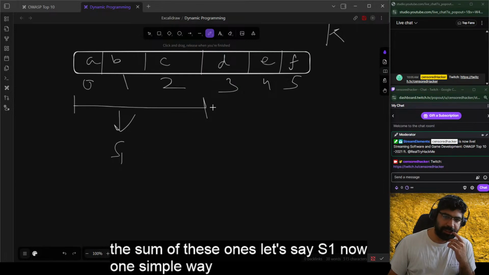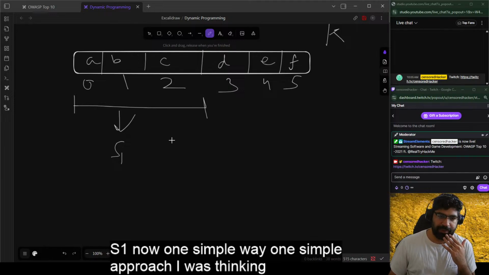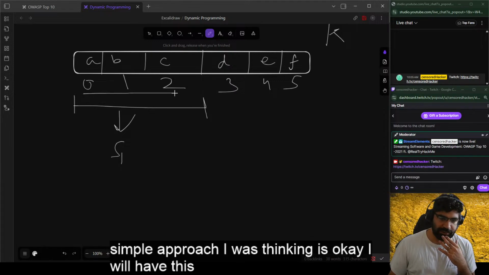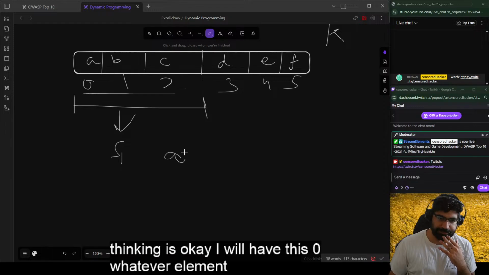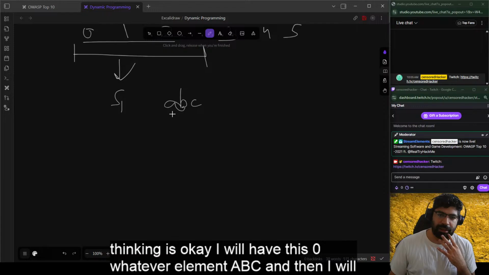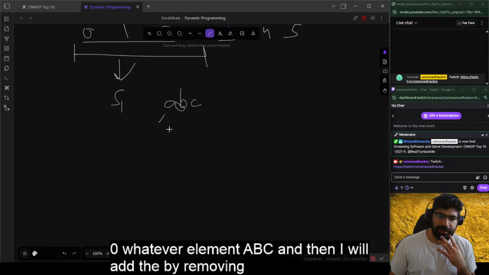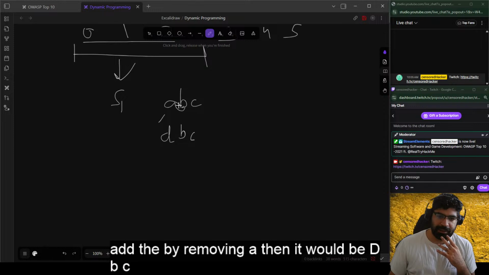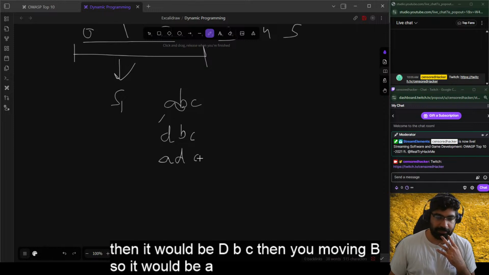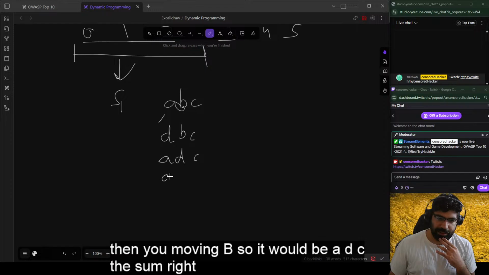One simple approach I was thinking is, okay, I will have 0, 1, whatever element, A, B, C. And then I will add D by removing A, then it would be D, B, C. Then removing B, it would be A, D, C, the sum, right? Or A, B, D.